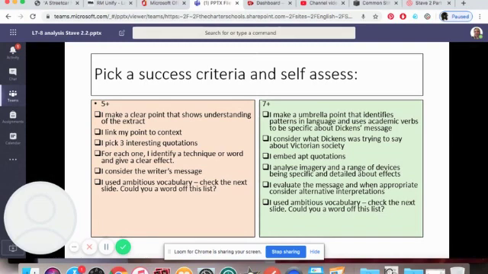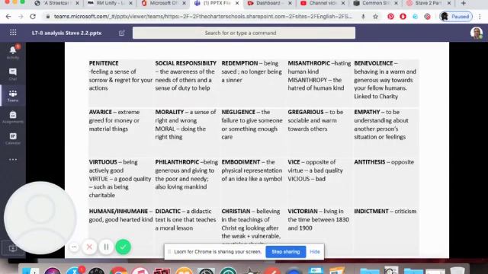And alternative interpretations. Alternative interpretations. For a grade 5, you use ambitious vocabulary, and you do for a grade 7 as well. So last thing, we'll just look at that ambitious vocabulary. So we have looked at misanthropic, benevolence, empathy, philanthropic, and I think that's it.